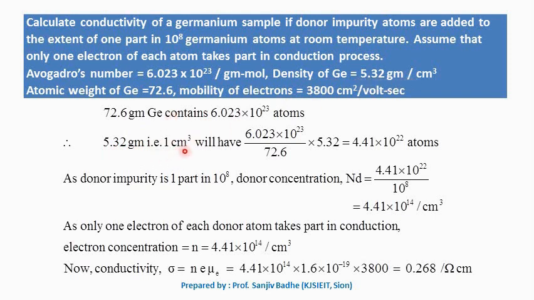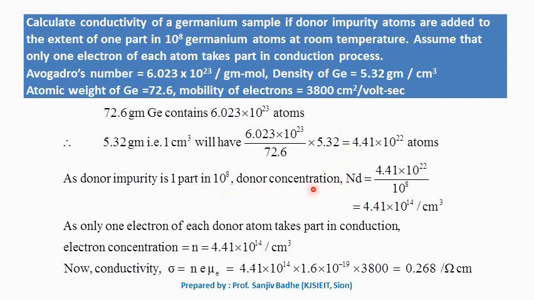That can be calculated by multiplying 5.32 by 6.023 into 10 raised to 23 and then dividing by the atomic weight of germanium, that is 72.6. So the germanium atom concentration, that is the number of germanium atoms per centimeter cube, is obtained as 4.41 into 10 raised to 22 by using this calculation. Now it is given that 1 part in 10 raised to 8 germanium atoms is the donor concentration.